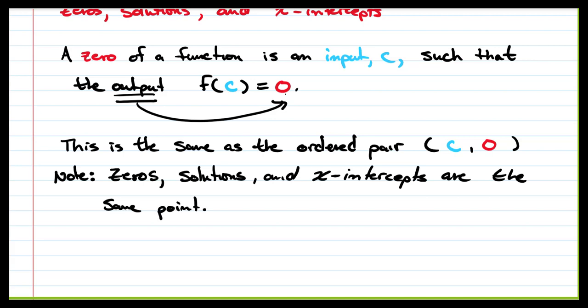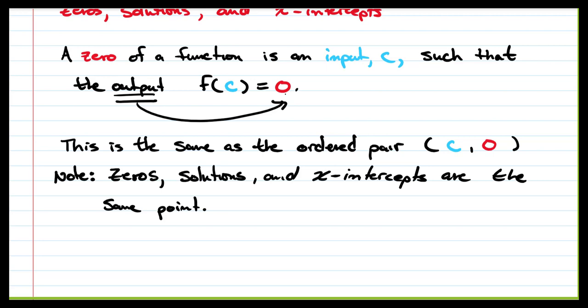So we're going to expand on that for a minute, but this tends to be a point of confusion because mathematicians are going to bounce around between zeros, solutions, and x-intercepts, and we will use these words as if they are synonyms, because they are. Each of them comes preloaded with a little bit of context, as we'll see. When we say zeros, we know we're specifically talking about a function. When we're talking about x-intercepts, we're talking about a graph. And when we're talking about solutions, we're talking about it in its equation form.